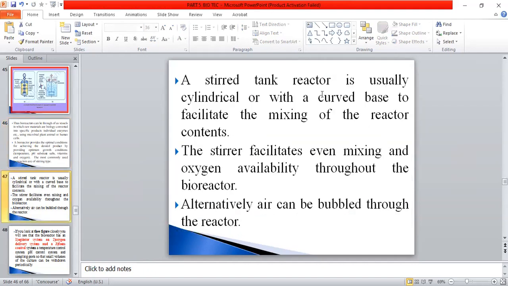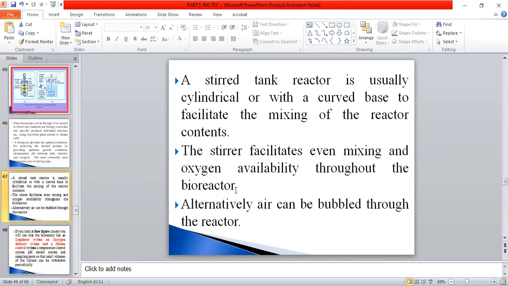The stirred tank reactor is usually cylindrical, or with a curved base, to facilitate the mixing of the reactor contents. That is the reason I told you. The stirring facilitates even mixing and oxygen availability throughout the bioreactor. Some of the microorganisms need oxygen. It has a separate pipe connected to the tank.